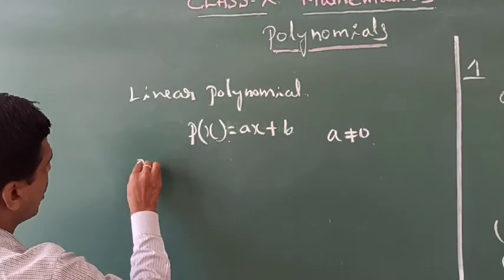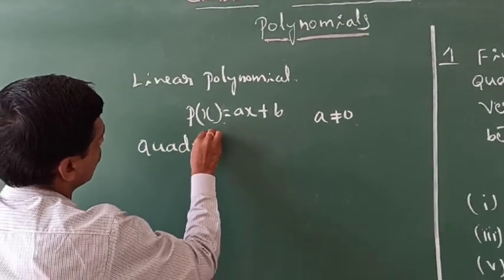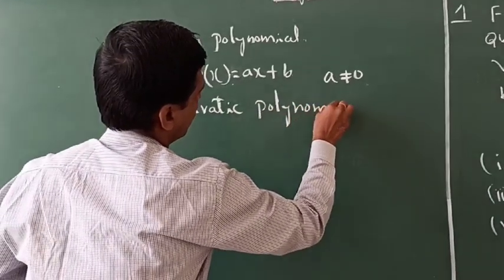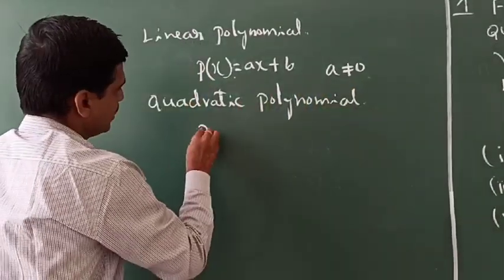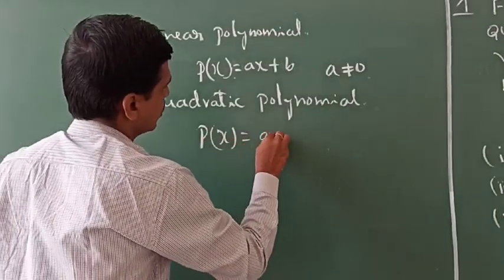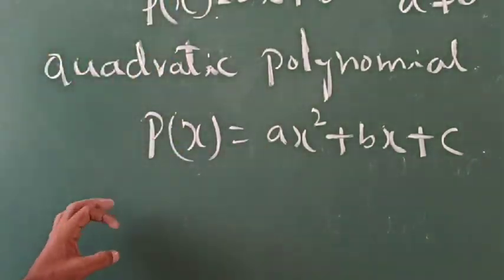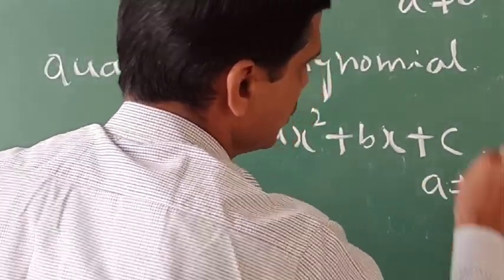Now consider a quadratic polynomial, that is p of x equals ax square plus bx plus c. Consider here also a is not equal to 0.